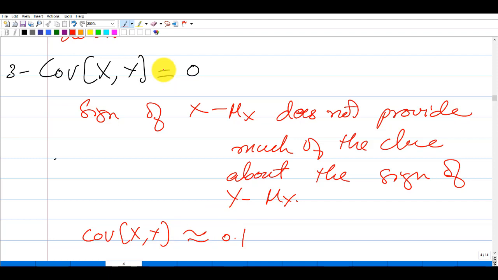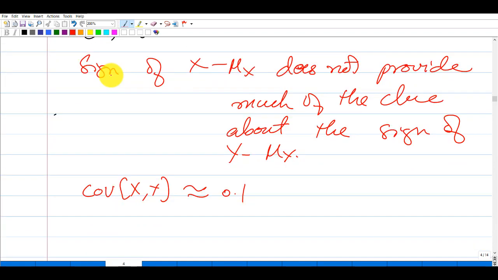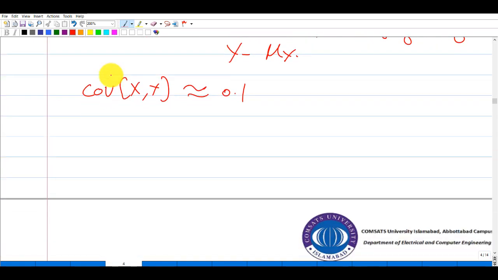So if we are working with the covariance, we have to be very careful about the units. To avoid this, we have another parameter which we call the correlation coefficient.